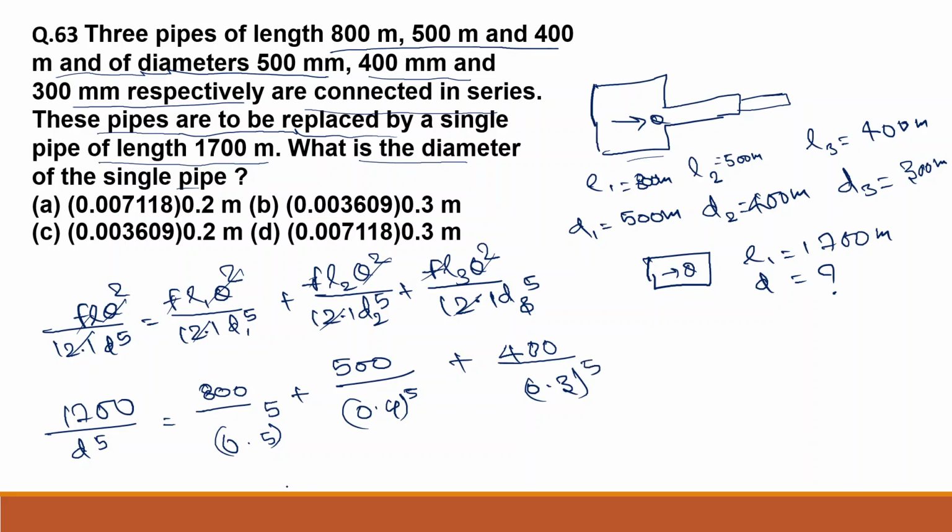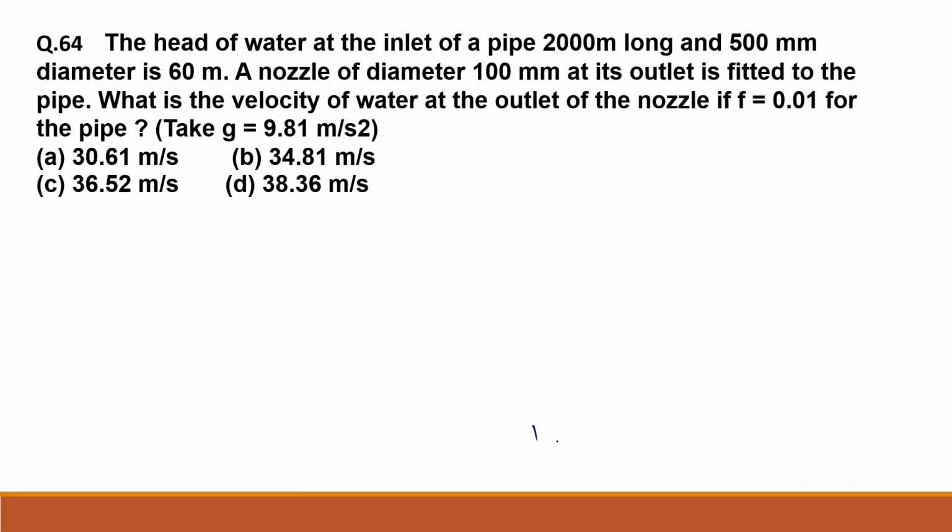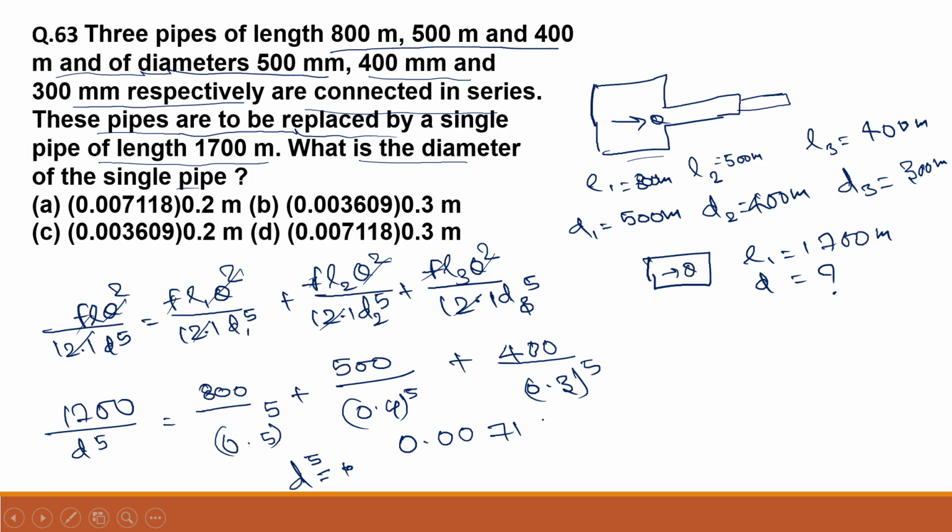By solving this one we get the value of d to the power 5 equal to 0.00711. This will be our d to the power 5.